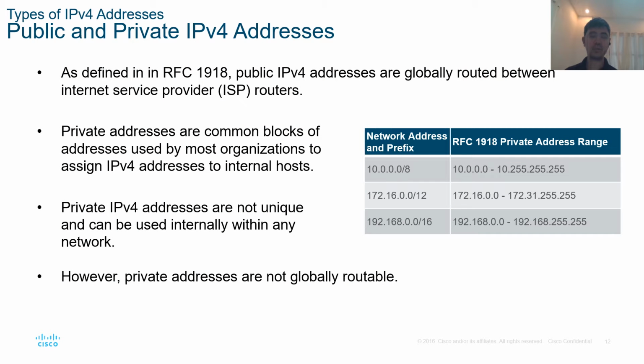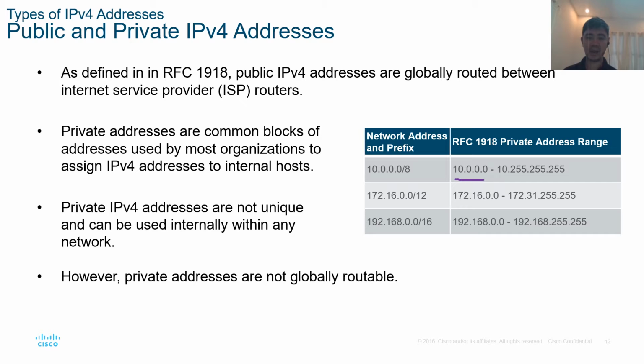We have two types of IP: a public IP and a private IP. Say for example, your boss told you to assign an IP address in a given room, and let's say there are 10 computers in that room. Can you assign 1.1.1.1 or 2.2.2.2? No, it should be within the private address block.